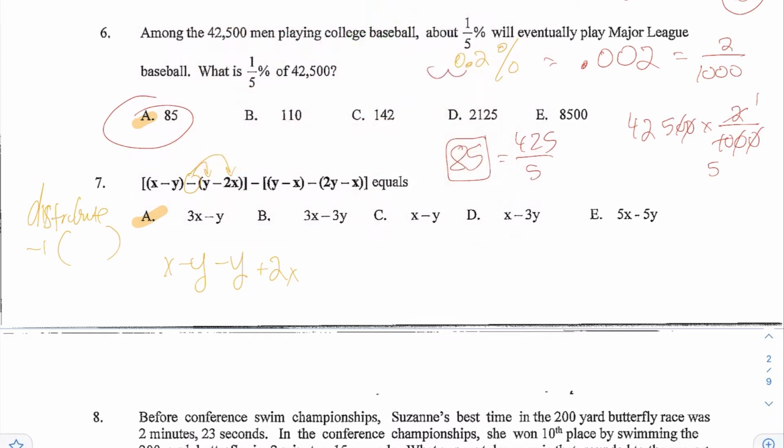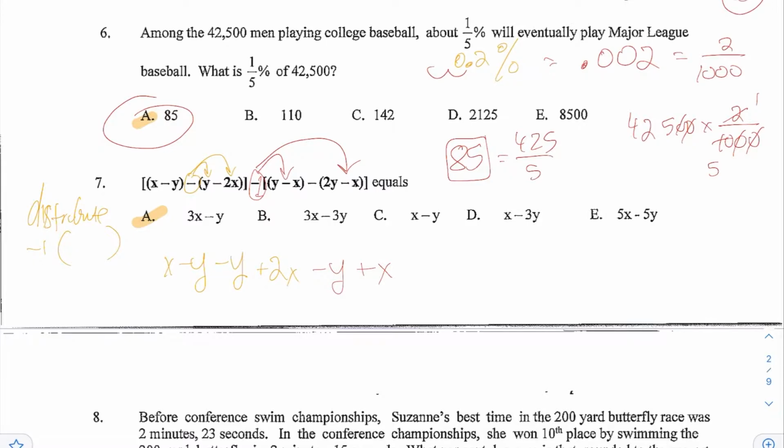Then for the next one, you have this -1. You'll have to distribute it to the y minus x and the 2y minus x. Now, when you distribute -1 to y minus x, you flip the signs. So -1 times y minus x becomes -y plus x, because it's -1 times y, which is -y, and then -1 times -x, which becomes positive x.